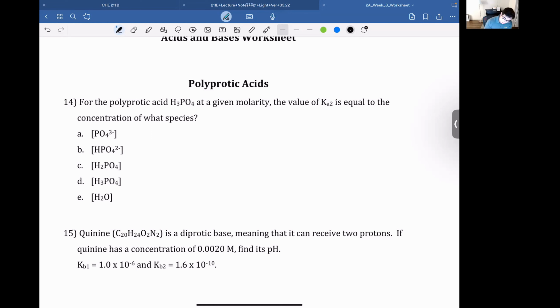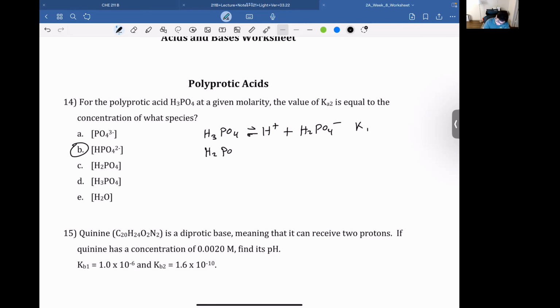So this one, it's going to be the value of the conjugate base that this Ka correlates to. So for H3PO4, the first hydrogen correlates to K1.